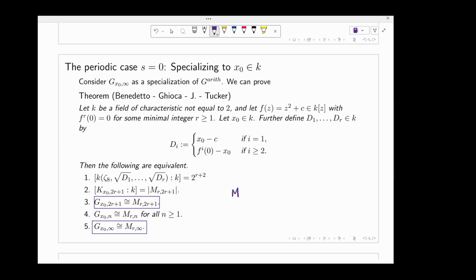So the notation here, M_R, should really be M_R0,N, is the restriction of M_R0 infinity to the nth level.